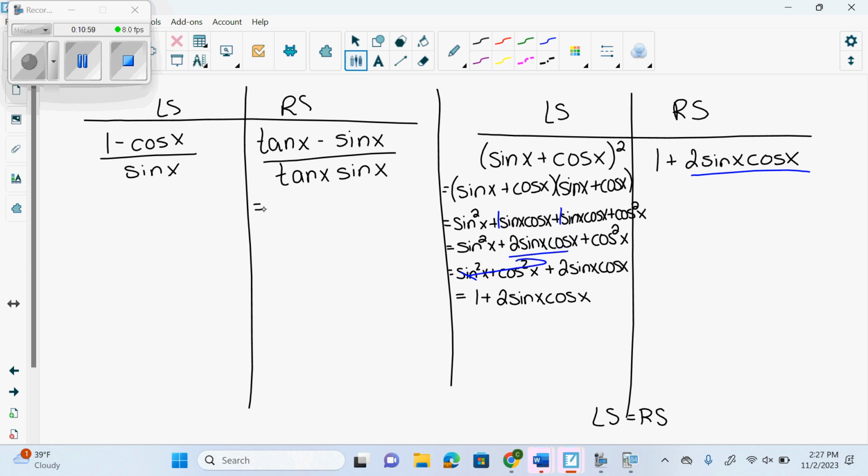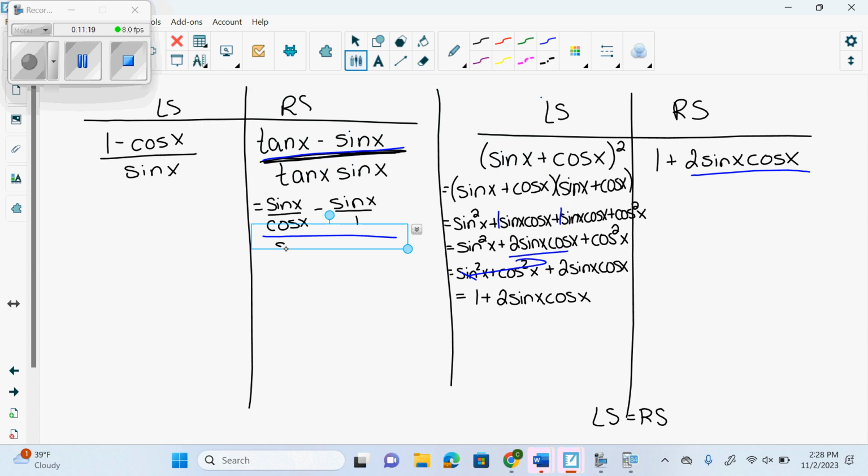So tan x is sine x over cos x minus sine x over 1, technically. And then this is my division.